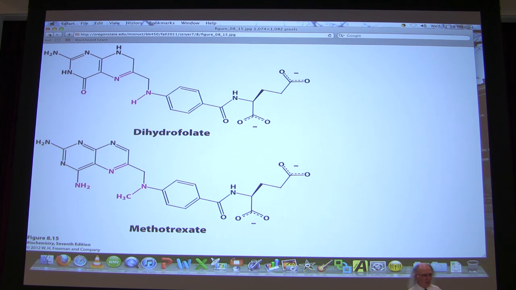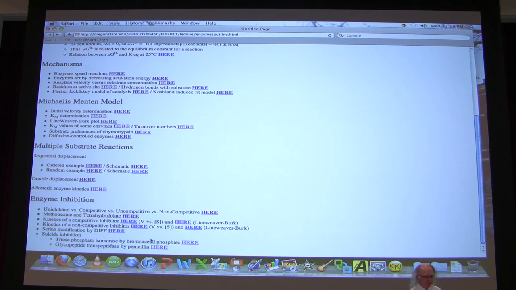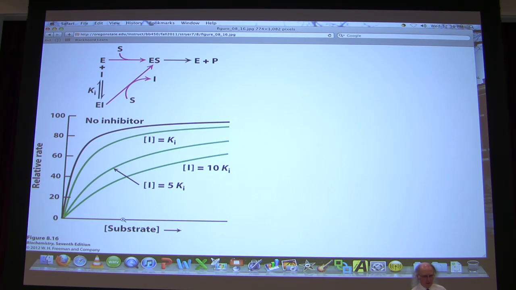Okay. Now, so that's a competitive inhibitor. Let's think about what happens with a competitive inhibitor. Now, this figure I don't like. It's too confusing in my opinion. So we're going to make it simple. We're going to focus on this green line and this black line, and we're not going to focus on these other two green lines. We're also not going to pay any attention to this up here.